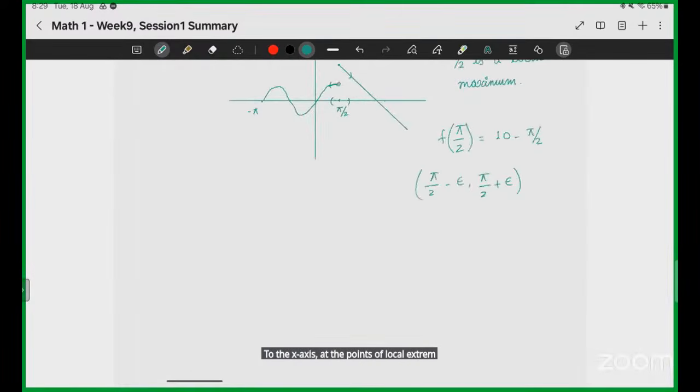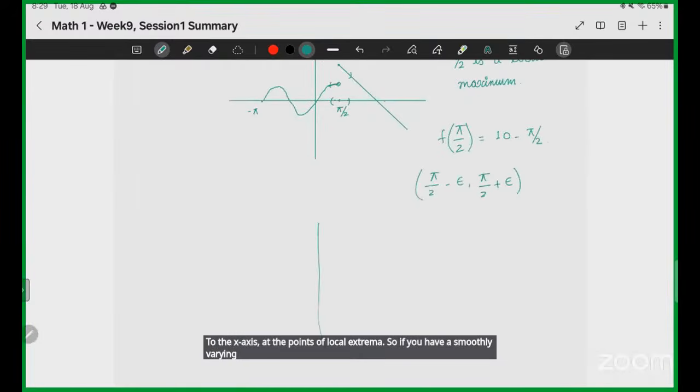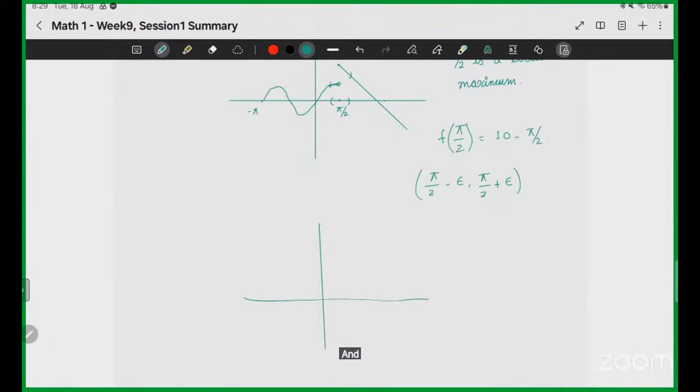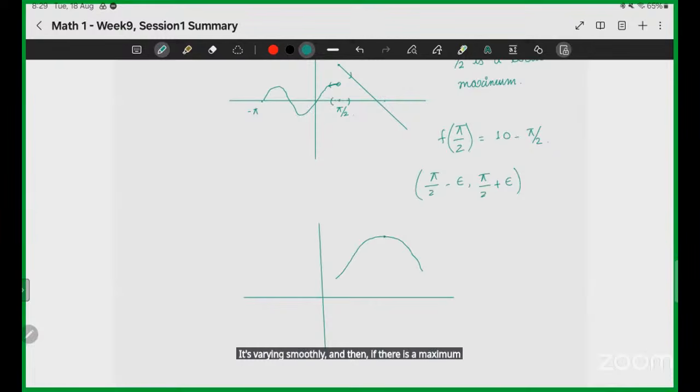So if you have a smoothly varying function and something is a local maximum, what happens? It's varying smoothly, and then if there is a maximum, then on both sides of the interval, and also the minimum. So let me just draw a graph with both behaviors.